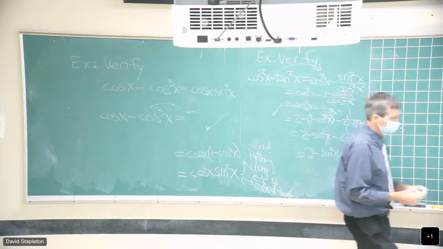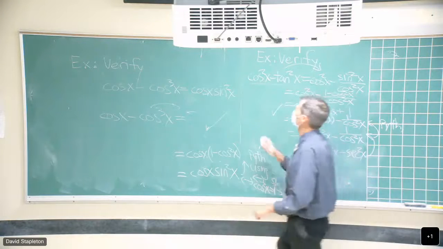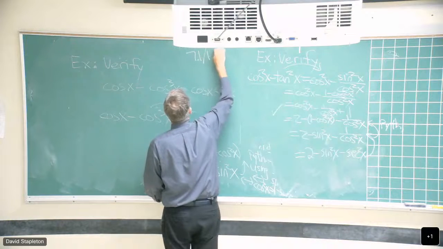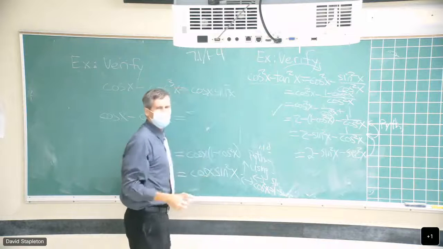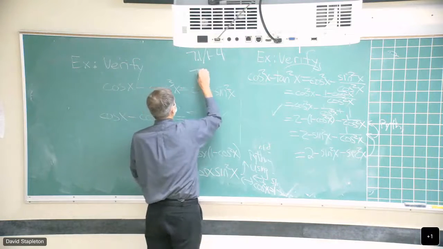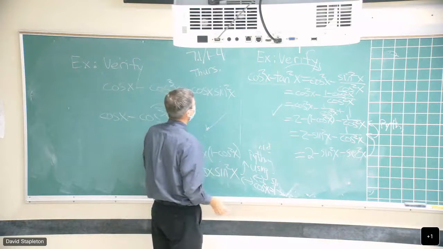Let me suggest in this homework over the break, 7.1, 1 through 4. We have a quiz at the end of next week, Thursday next week. We're not going to meet again until Tuesday because of the holiday.